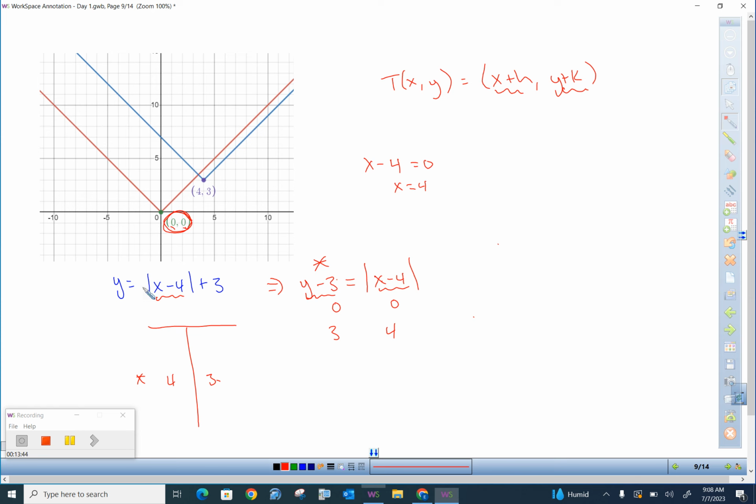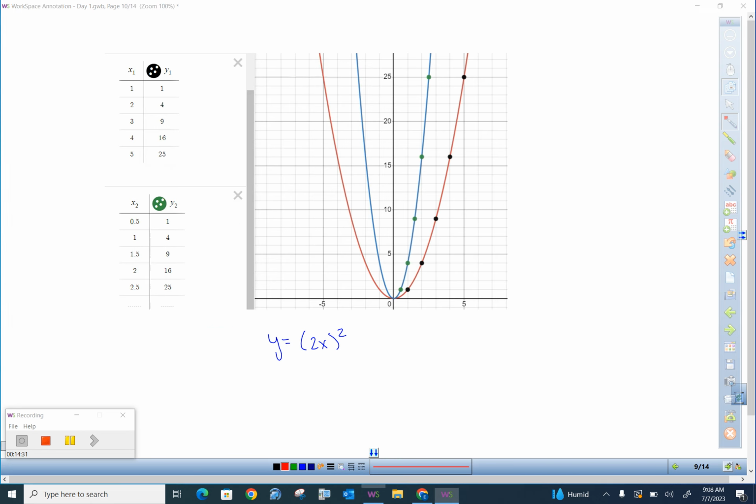So a lot of times, instead of thinking about switching what's on the inside, that memorized rule, what I'm going to have you do is take whatever is in the grouping symbols and always set it equal to 0, because for every parent function that we're working with, with the exception of hyperbolas and inverse squares, that 0 being the x value is going to show up, even on those exponential functions. So we're going to just set that equal to 0. That'll let us find that h translation, and then we can go from there.